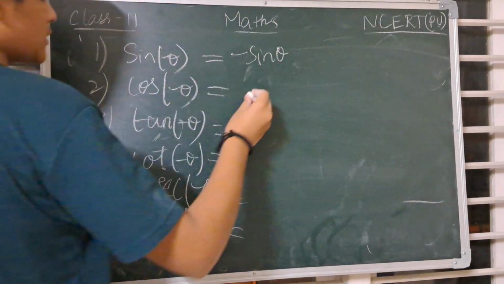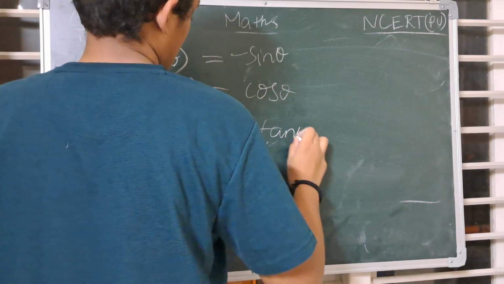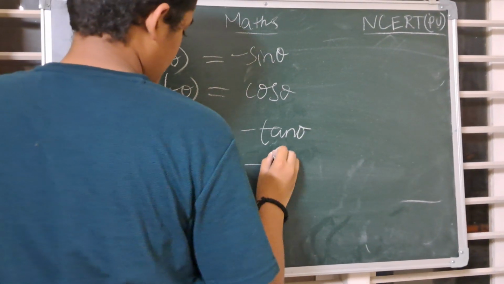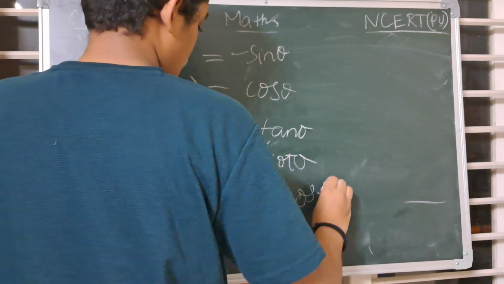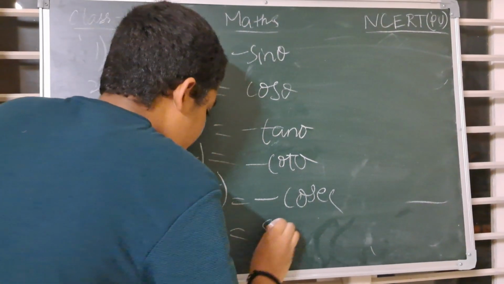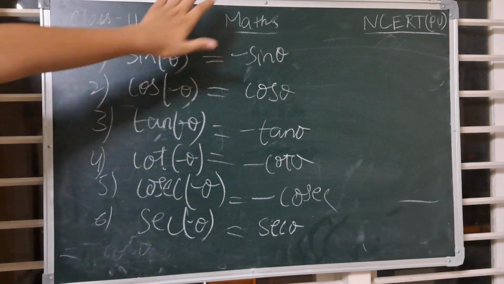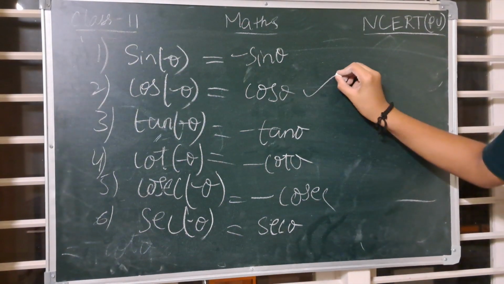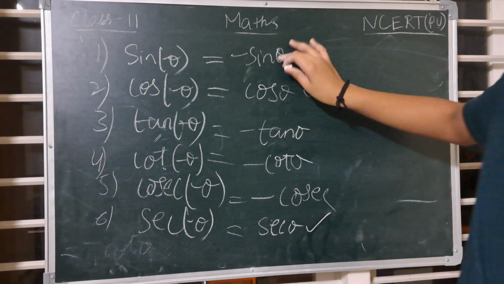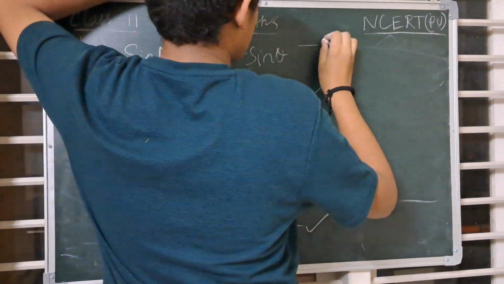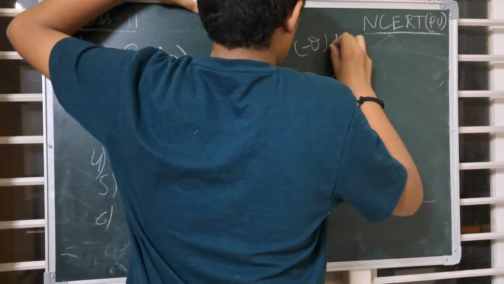So cos becomes positive cos theta, tan becomes negative tan theta, cot becomes negative cot theta, cosecant becomes negative cosecant theta, and secant of minus theta becomes secant theta. These are the theta minus or minus theta formulas.